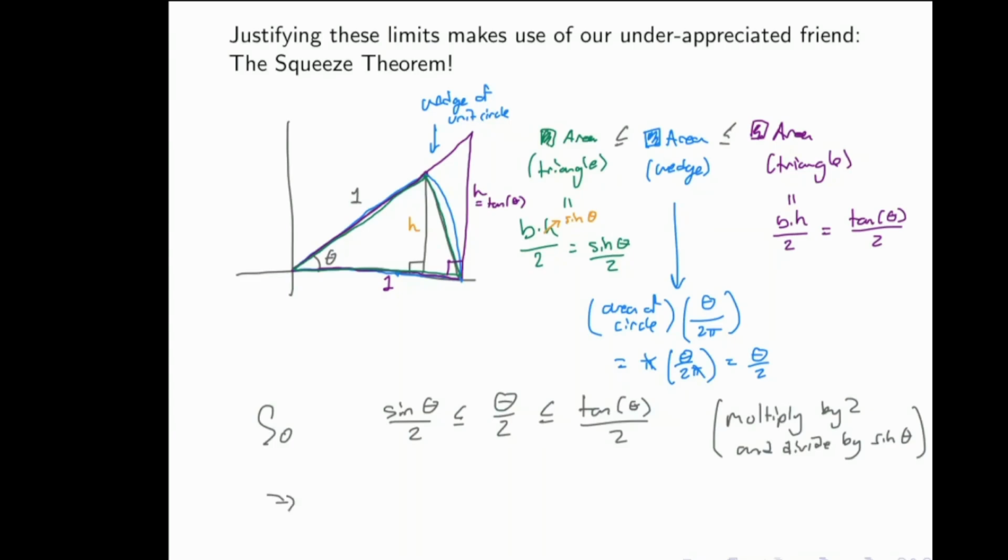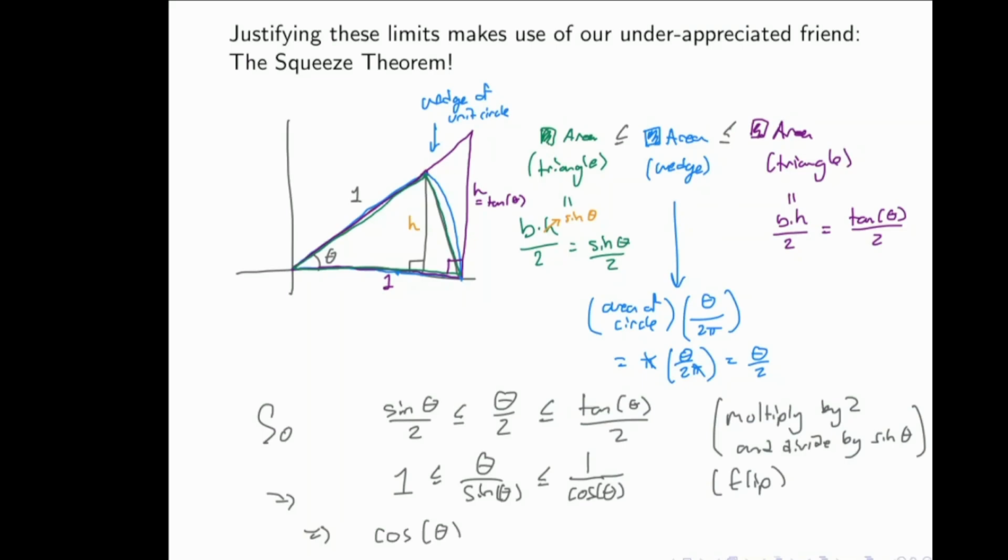And this turns into 1 is less than or equal to theta over sine of theta. So now we're getting closer, which is less than or equal to 1 over cosine of theta. And if I flip everything, I get that cosine of theta is less than or equal to sine of theta over theta, which is less than or equal to 1.